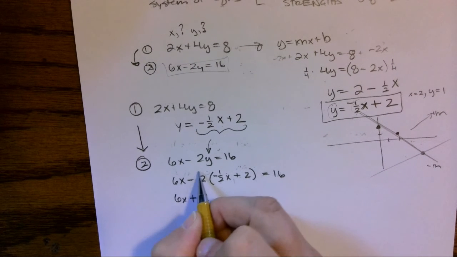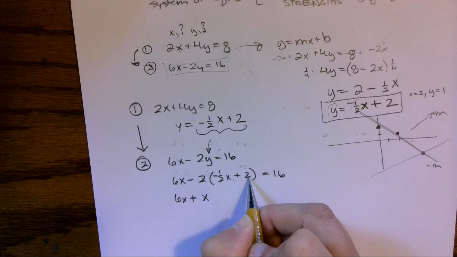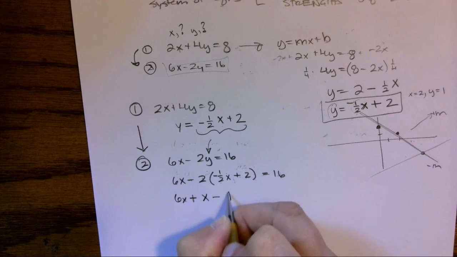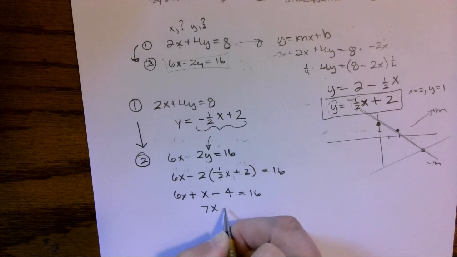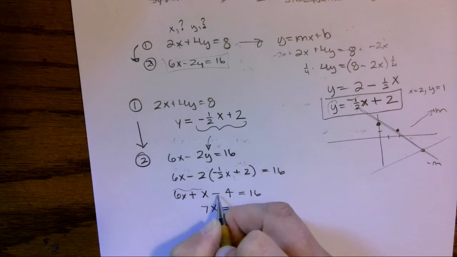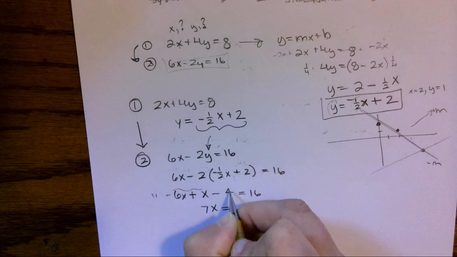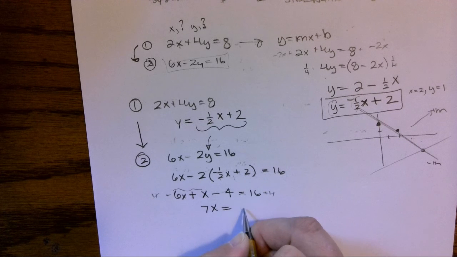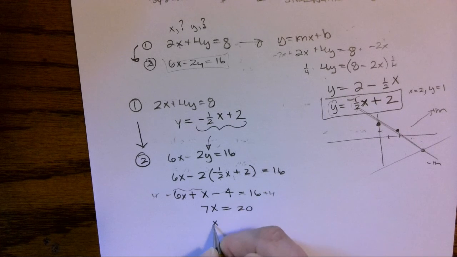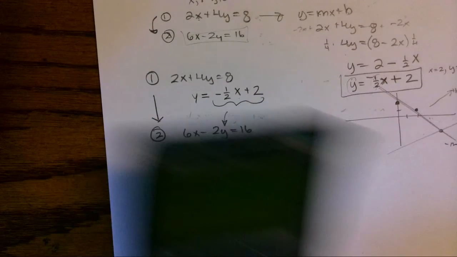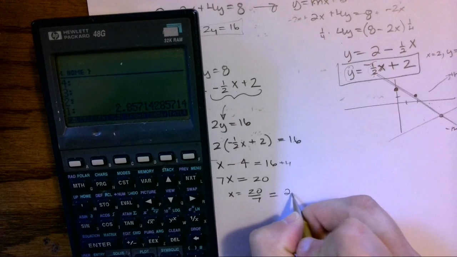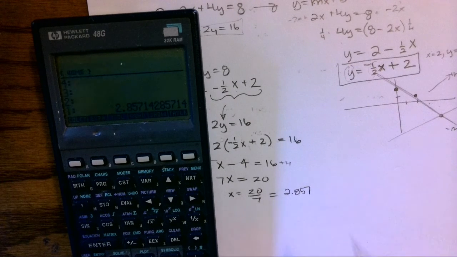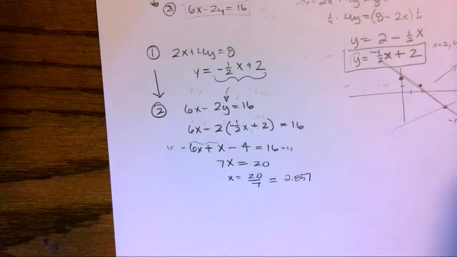Now I have negative 2 times 2, minus 4 equals 16. 7x equals, I'm going to add a 4 to both sides to get rid of it here, and I have 20. x equals 20 over 7. And let's just go ahead and make that a decimal. So we get 2.857.